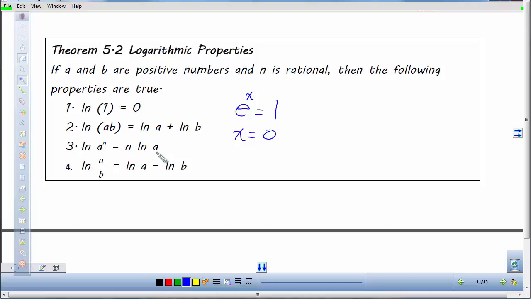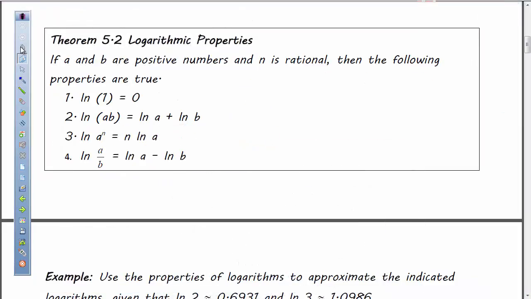We use this a lot when we're trying to solve for a variable that's in our exponent. I can take the natural log of both sides, and that'll allow me to bring that variable down. And for a natural log of a quotient, I can distribute a natural log to the quotient, but it becomes a difference. So those are some natural log properties that you're probably already familiar with.